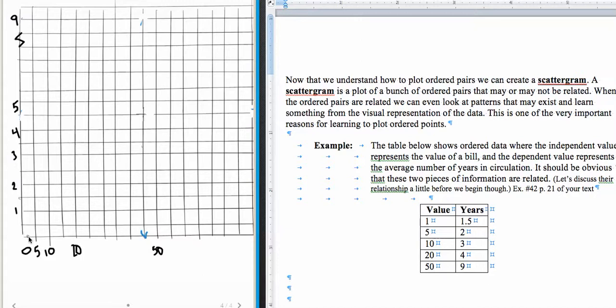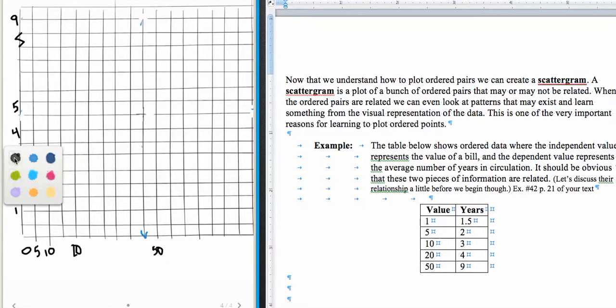So I'm going to go find 1, which, remember, I could break this down into 4 little increments. So let's see, about 1 would be about right there. And so I would use that 1 to go up and find 1.5. So 1.5 would be approximately right there.